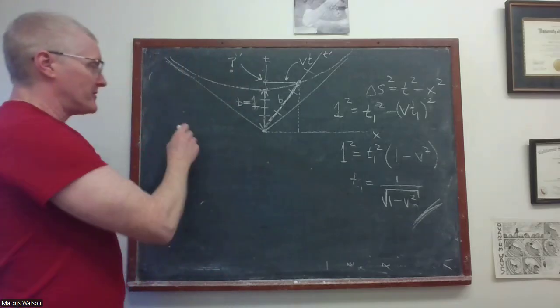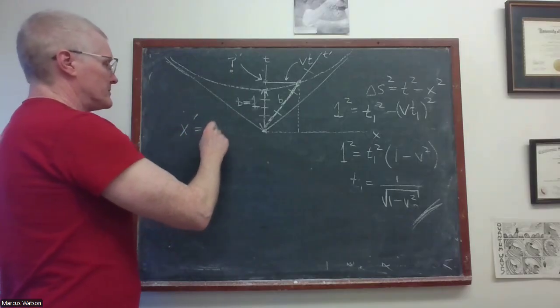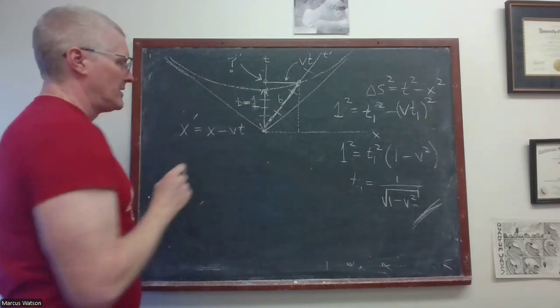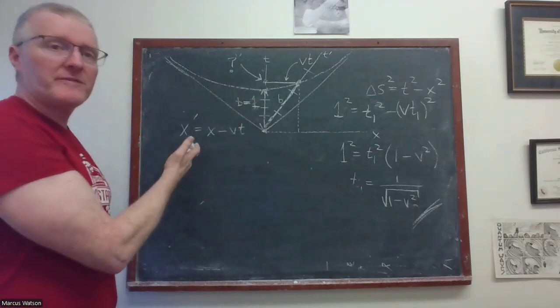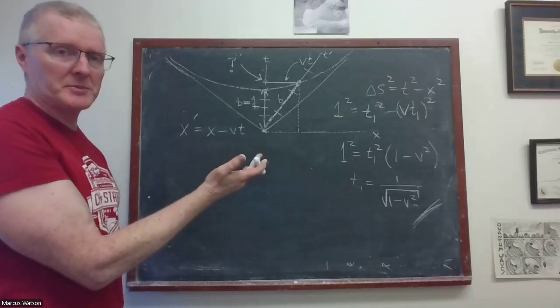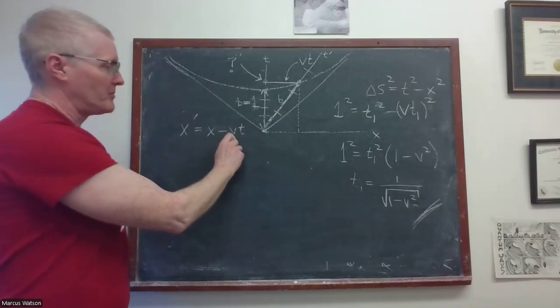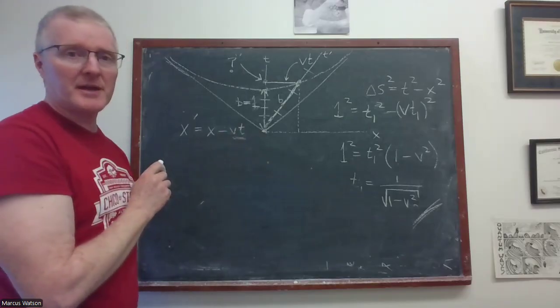And the Galileo transformations, if you remember, are just, how do I find the distance from one frame's perspective to another frame's perspective? Well, all you've got to do is subtract the distance traveled, and that would be speed times time.